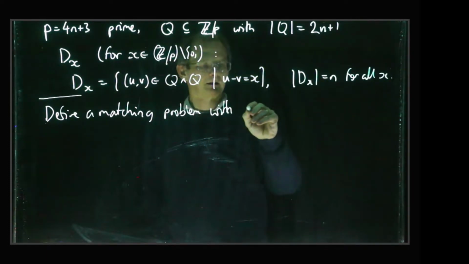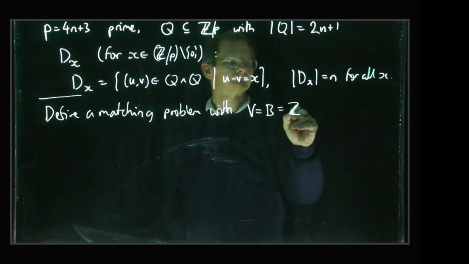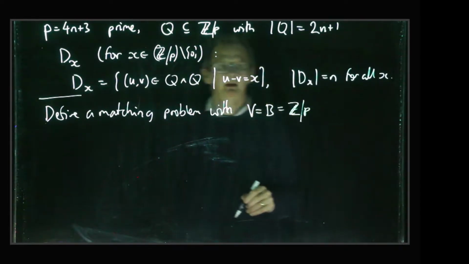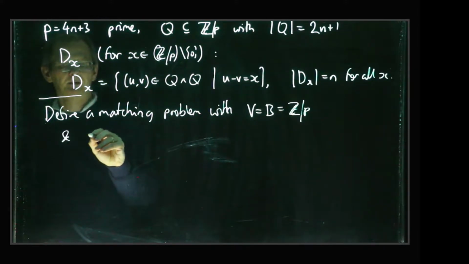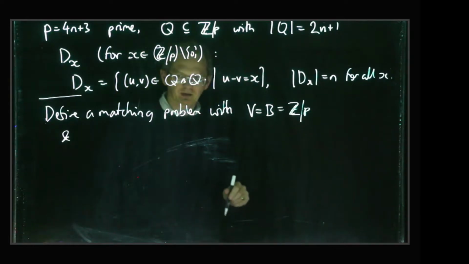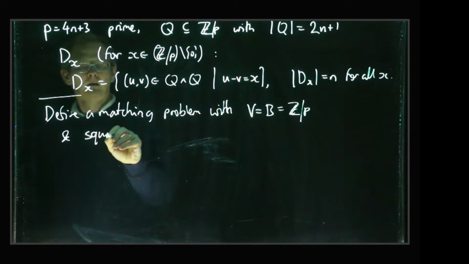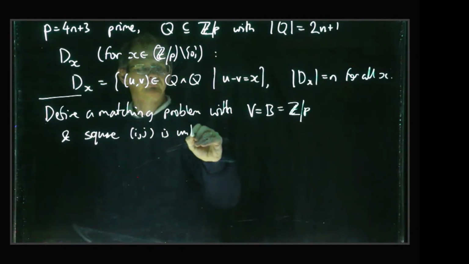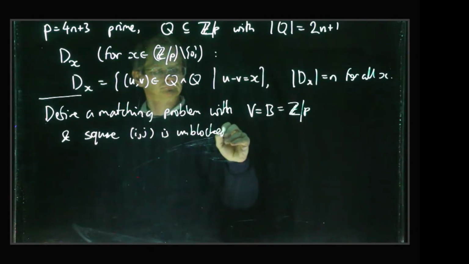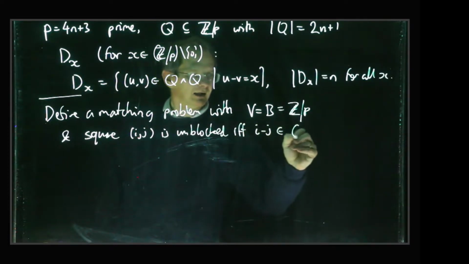So your sets V and B are both just equal to Z mod P. We can think of it as a board with some squares blocked and some squares unblocked, and square (i, j) is unblocked if and only if i minus j is a quadratic residue.